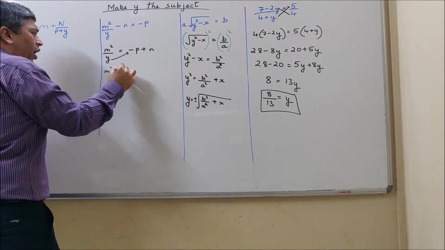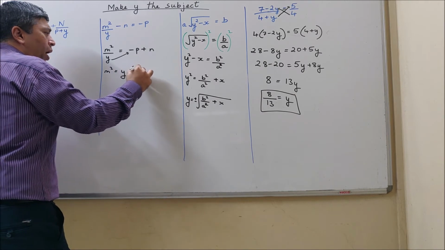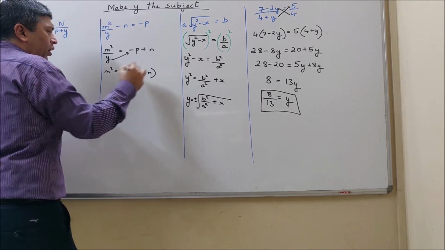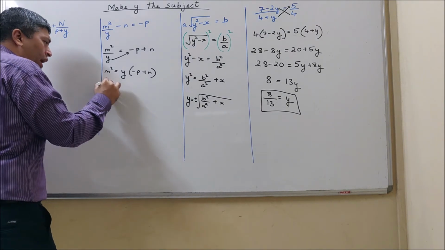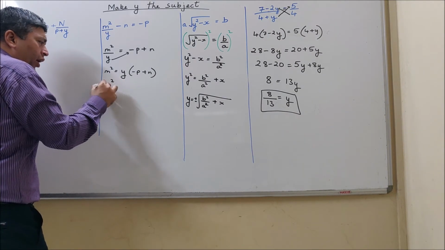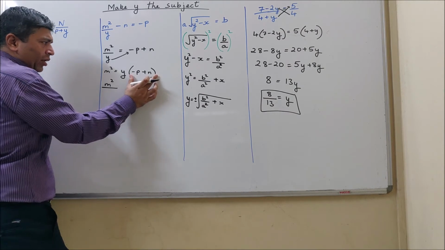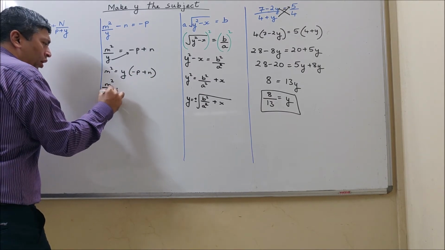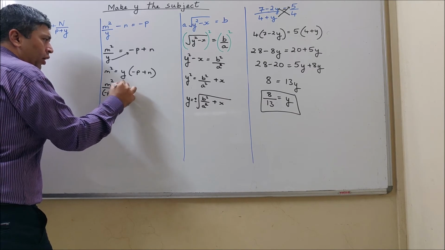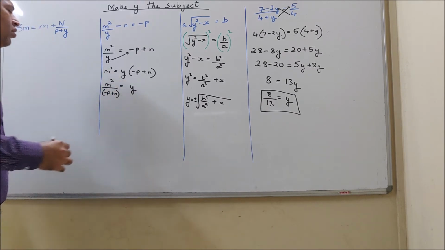So m square is equal to y minus p plus n. Now, m square, this is being multiplied. You take this below and it will become division. And you have made y the subject.